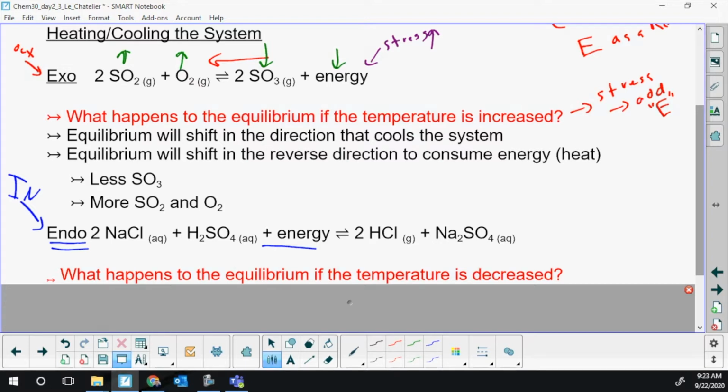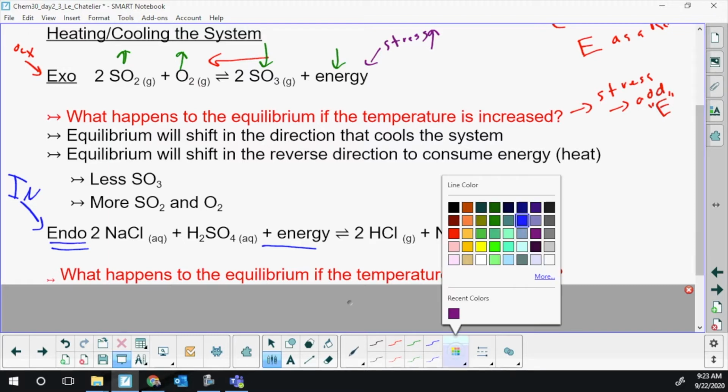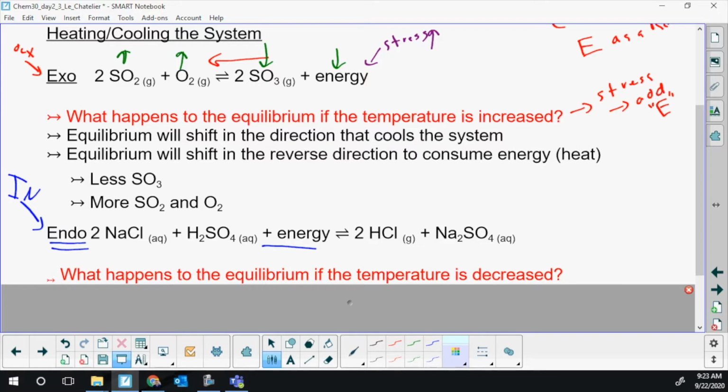So what happens to equilibrium when temperature decreases? I'll try to keep my same color coding. I use purple to denote the stress. So our stress is energy going down. We're removing energy. The system will want to do the opposite of removal. It'll want to replace energy, so it would be shifting towards the energy to replace it.